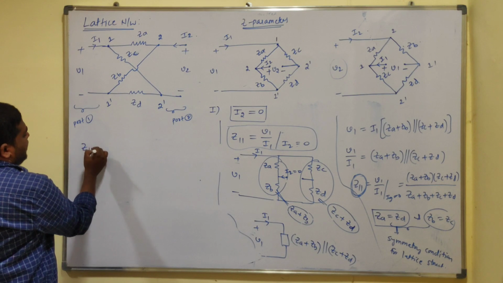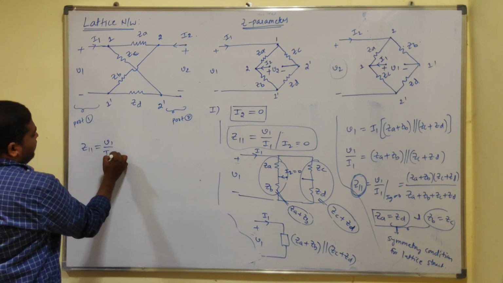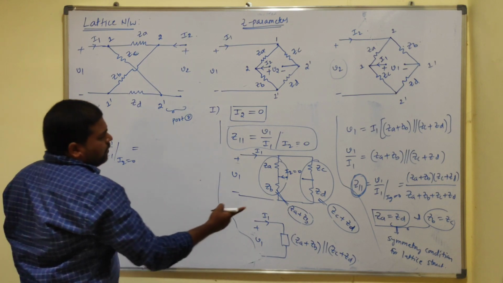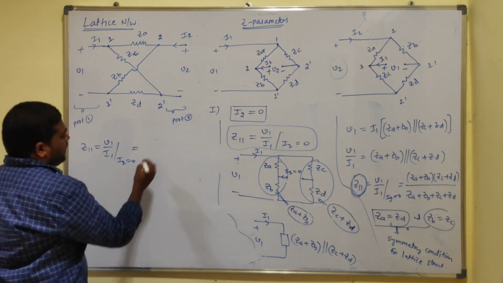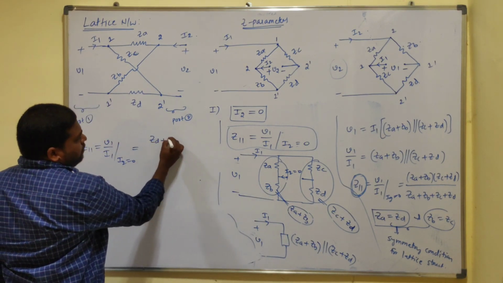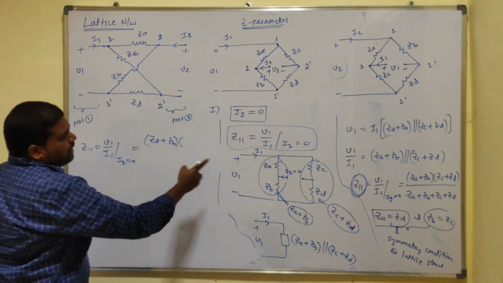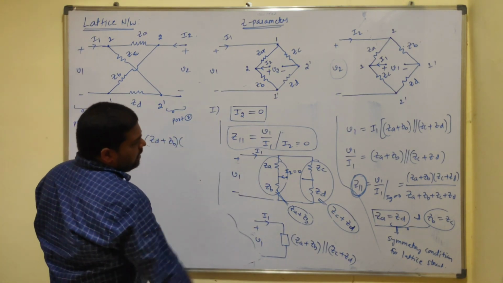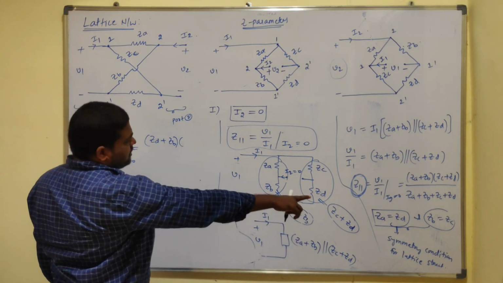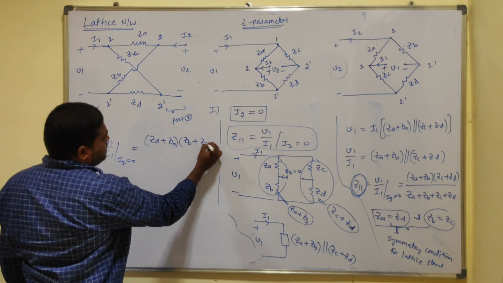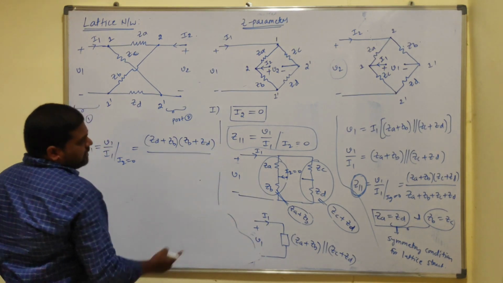Now Z11 equals V1 by I1 when I2 equals 0, and now you can replace ZA equals ZD, right? So now ZD plus ZB into ZC plus ZD, right? Where ZC is there, at that place you can substitute ZB. ZB plus ZD by ZA.